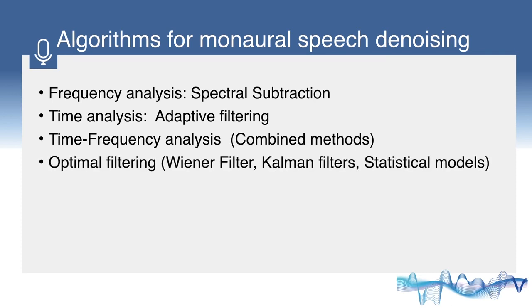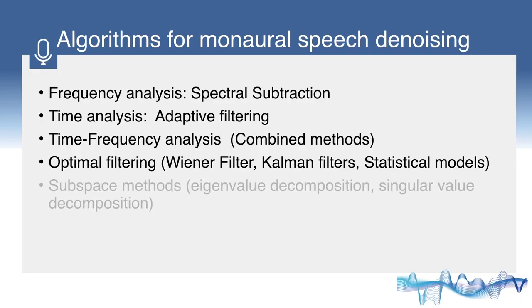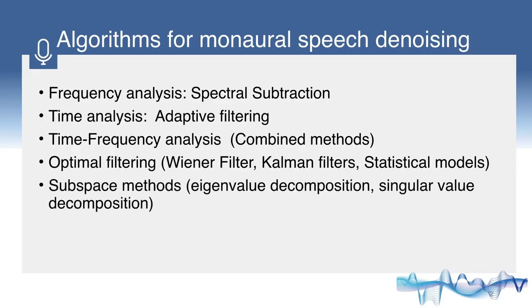Optimal linear filtering has been used extensively for speech enhancement, including Wiener filter, Kalman filter, and other statistical methods. Linear filtering methods originate in stochastic processes, while subspace methods have largely been based on development in numerical linear algebra and metric approximation theory.